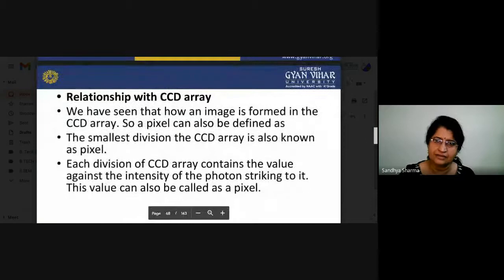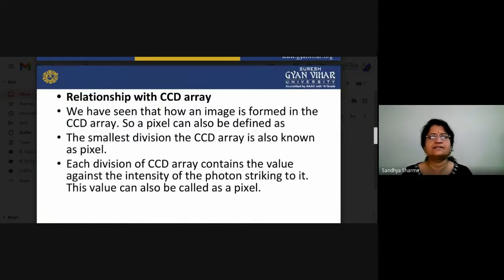So what about the relationship with the CCD array? The image is formed in a CCD array, and pixel can also be defined as the smallest division of the CCD array. Each division of the CCD array contains a value against the intensity of photons striking it, and this value is a pixel.